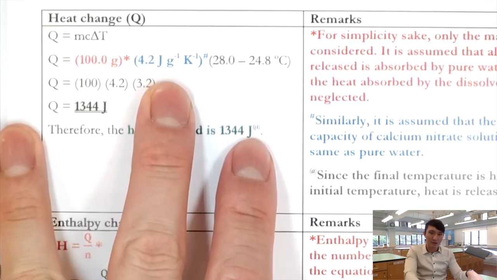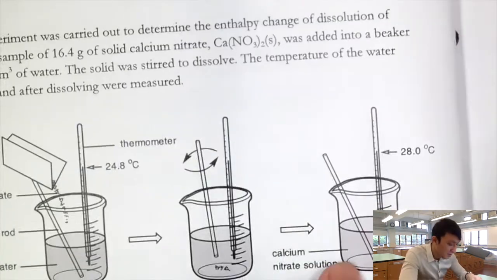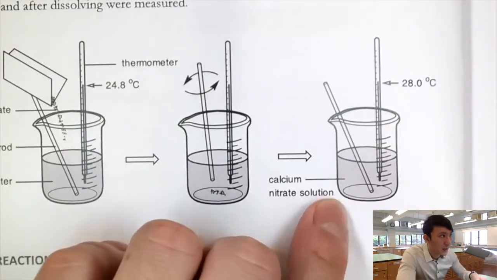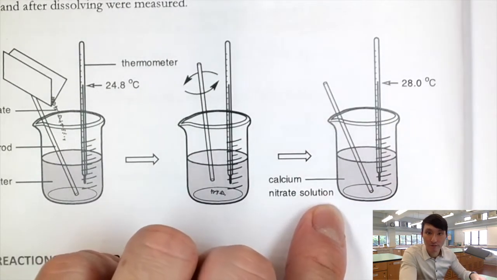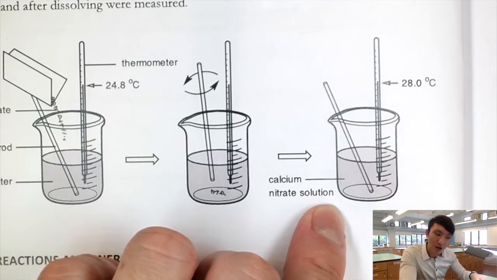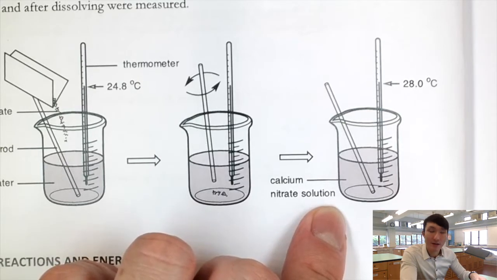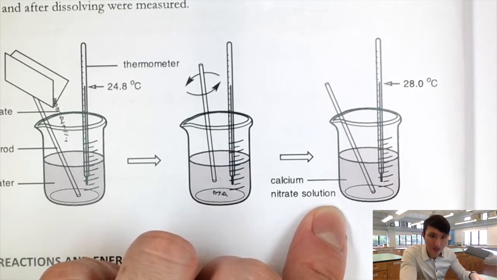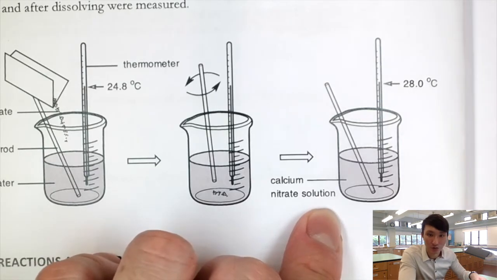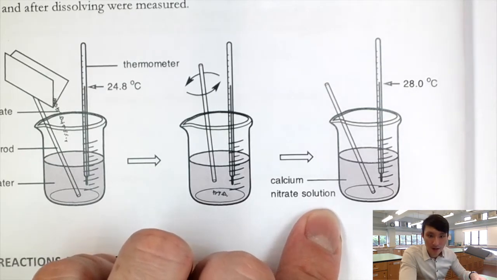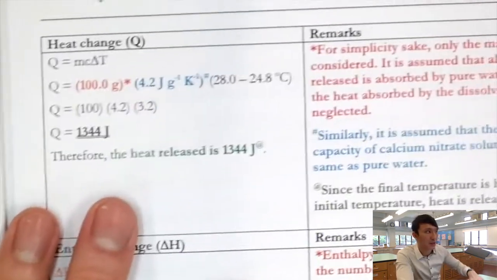Then you may also argue, hey sir, it is not water, it is calcium nitrate solution, not pure water, right? Now, this time you are correct. Yes, there is actually a difference between the specific heat capacity of pure water and calcium nitrate solution. But for simplicity's sake, we don't want to make things too complicated.